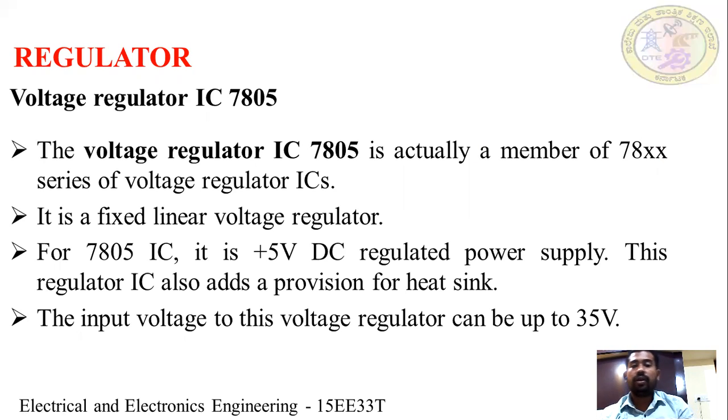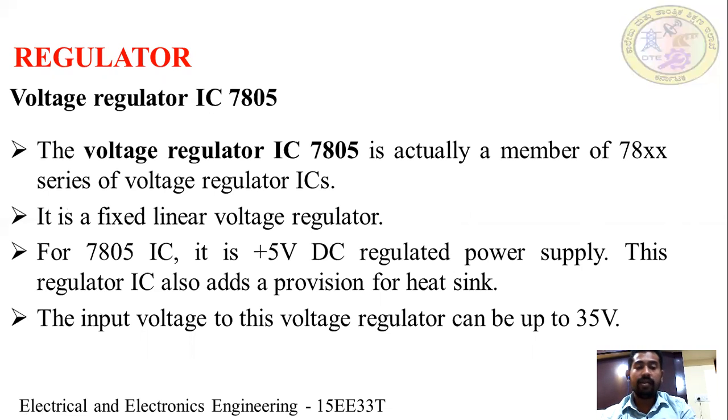The voltage regulator IC 7805 is one of the 78XX series of voltage regulator ICs. It is a fixed and linear voltage regulator.